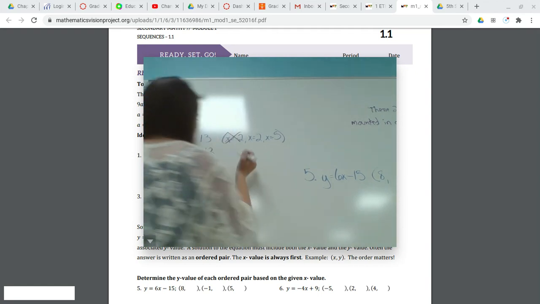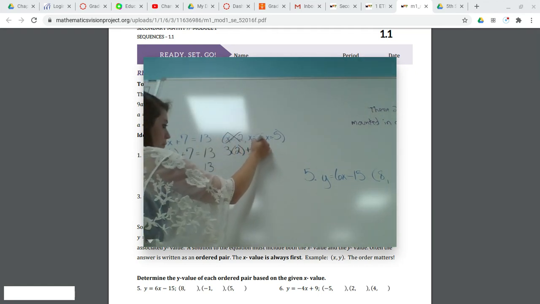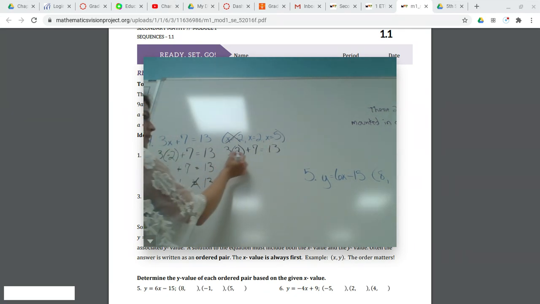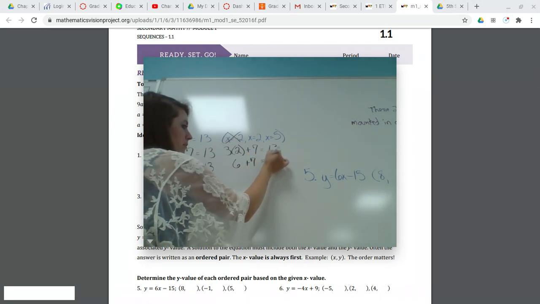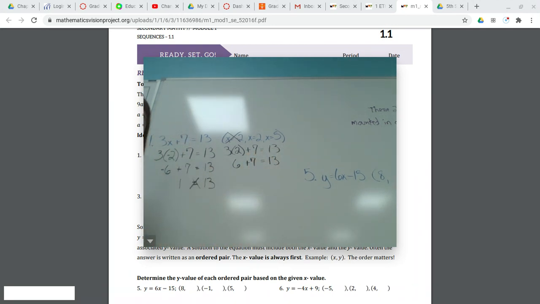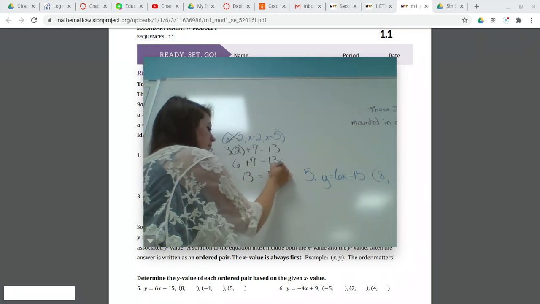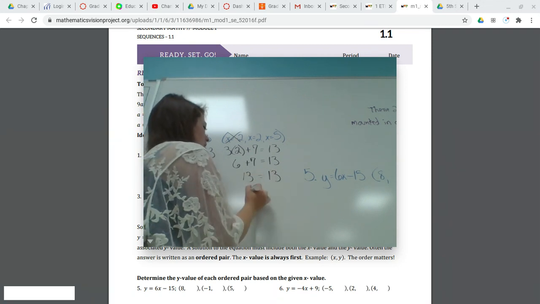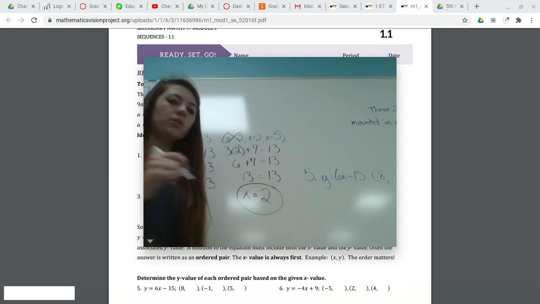So same thing. We're going to have 3 times 2 plus 7 equals 13. 3 times 2 is 6 plus 7 equals 13. 6 plus 7 is 13. So does 13 equal 13? Yes. So x equals 2 is the solution.